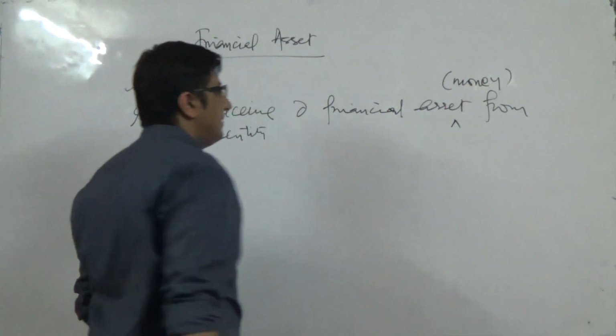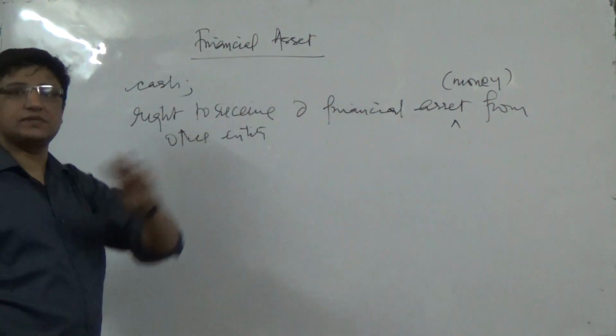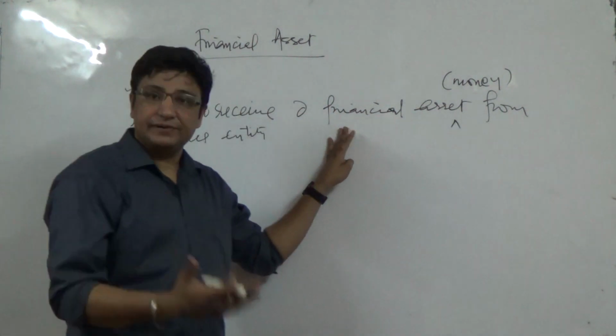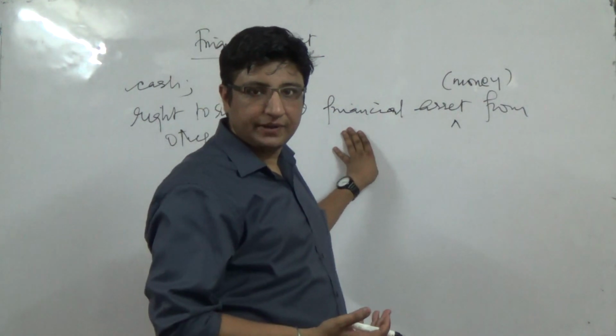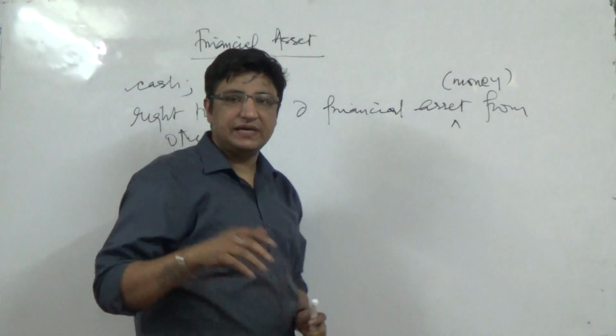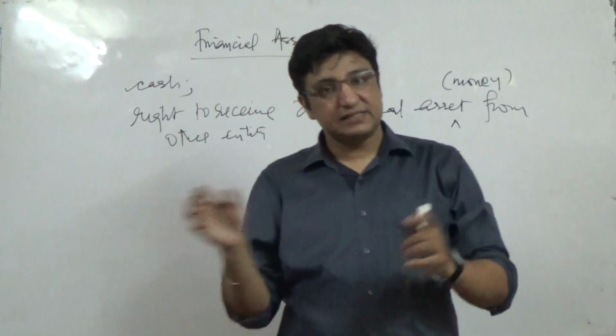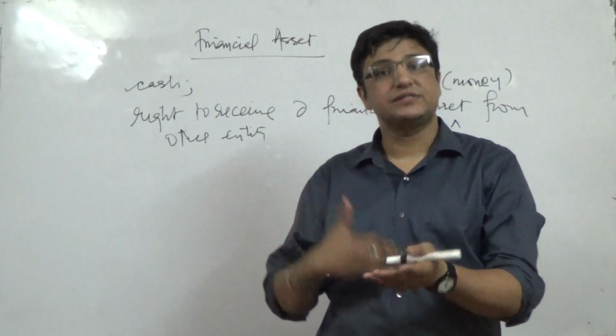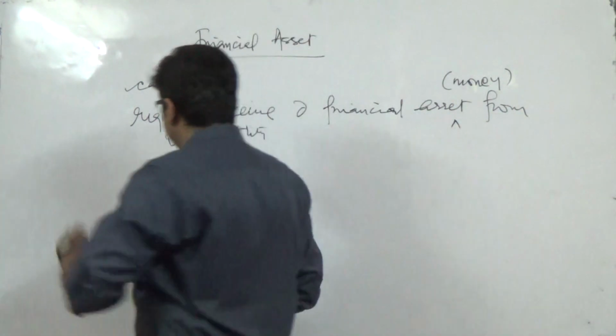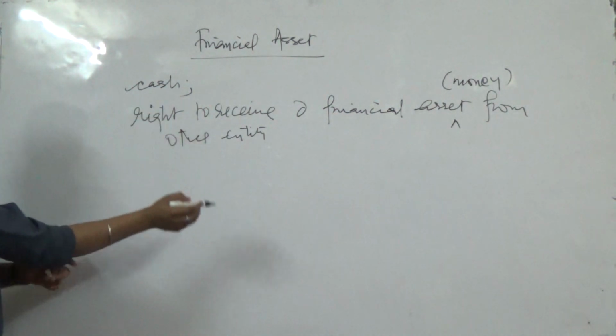In a simplistic manner, I can say I have a right to receive money from somebody else. We talked about receivables. It's a financial asset. Right? We talked about investment in debt of another company. That's a financial asset. Right? We have a right to receive money. Right?